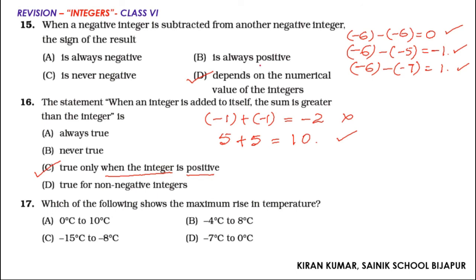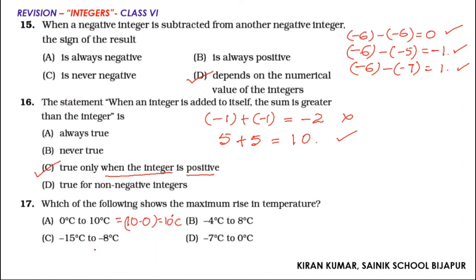Question number 17. Which of the following shows the maximum rise in temperature? First option is 0 degrees to 10 degrees. Here, what is the rise in temperature? I am going to write here. This will be 10 minus 0, which will be 10 degrees Celsius.